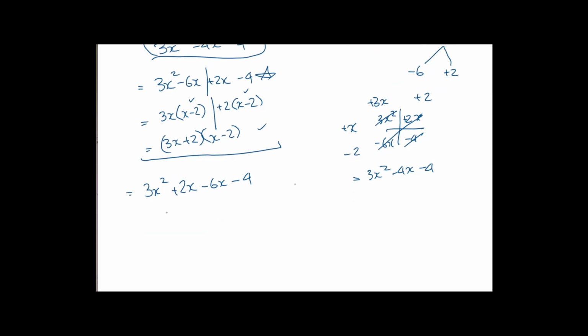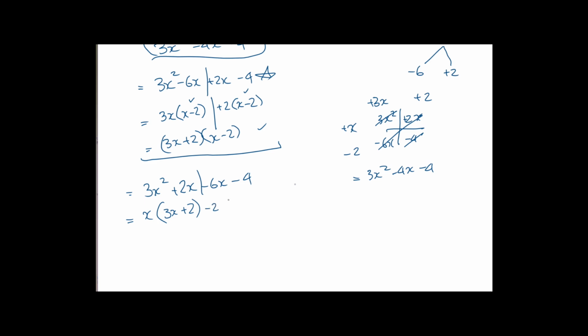Well, it's not really a big deal. So what's the common term between these first two here? Well, 3 and 2 are not common with each other, so x is the only thing they have in common, and this is going to be 3x plus 2. And this one here, what's the only thing they have in common?